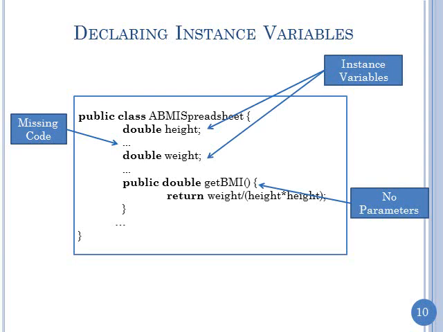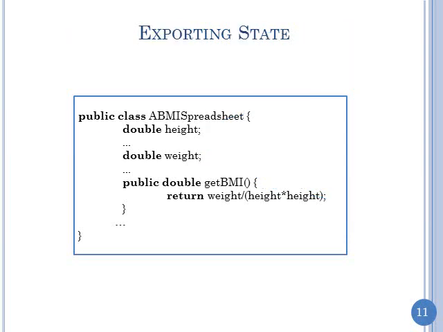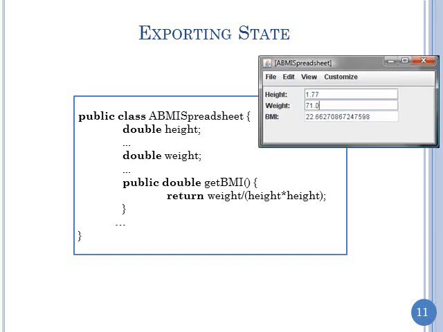Okay, so getBMI is a function with no parameters, because it accesses these global variables. Let's try to understand this. We did not declare double to be public, yet we want a BMI spreadsheet user interface to show the height and weight. That user interface is created by object editor.